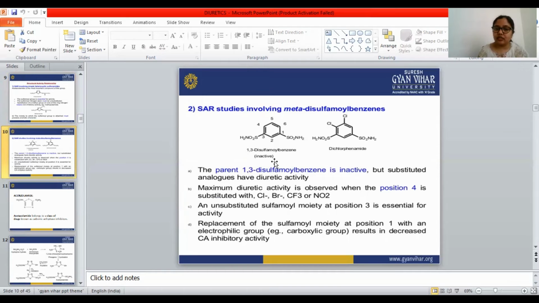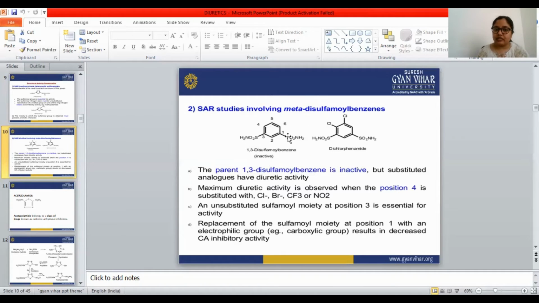The next category is meta-disulfonyl benzene. In this there is a benzene ring and two sulfonyl groups, SO2NH2, and the third position sulfonyl group must be unsubstituted.